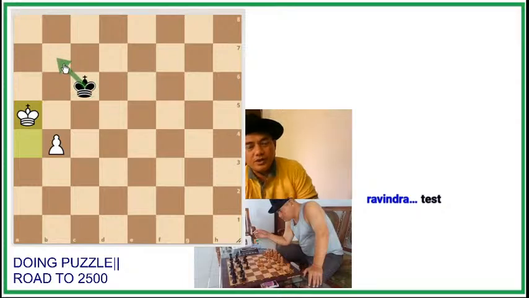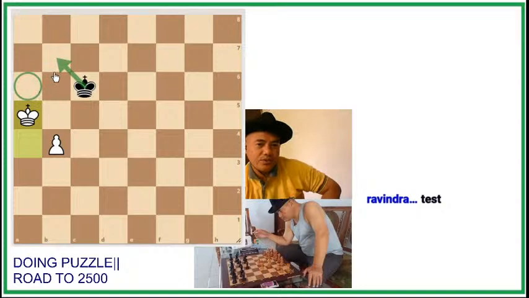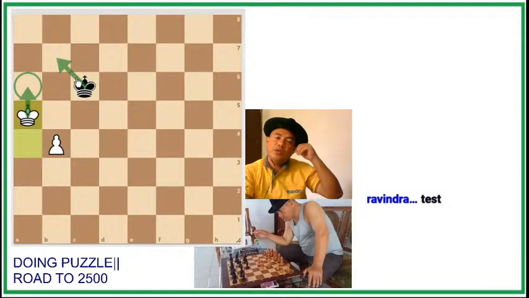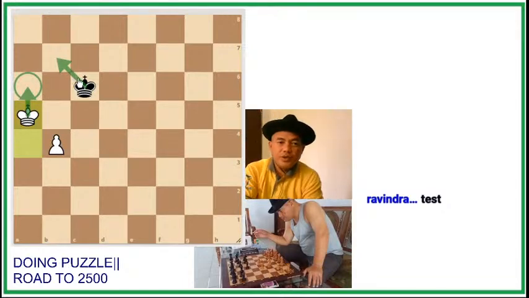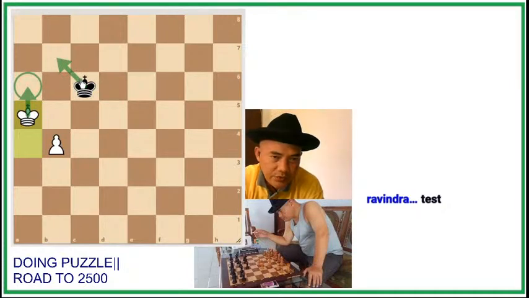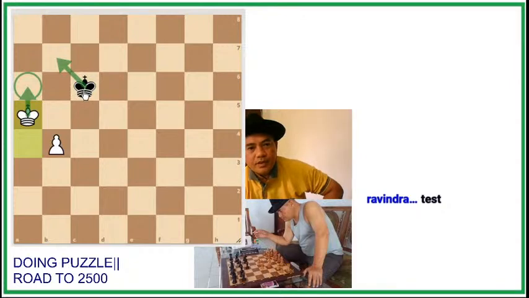He has to go here to prevent white from getting this key square. The only way for black is to go to b7, because when white gets this key square, it will assure the win for white as we have learned before. So the only move for black is here.